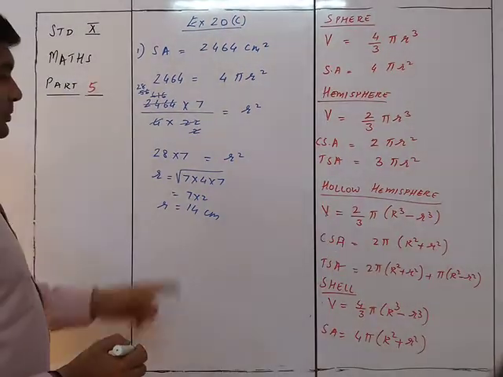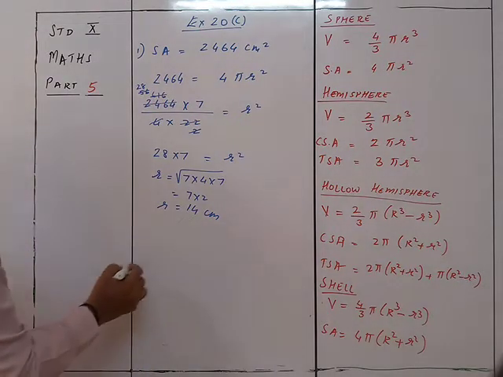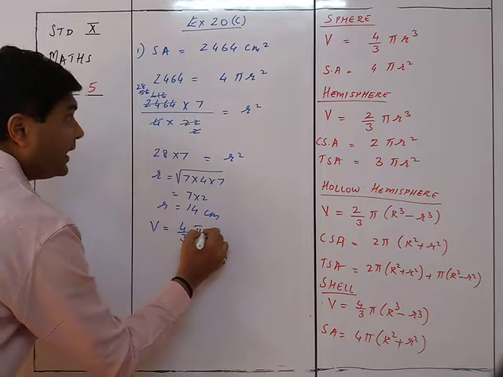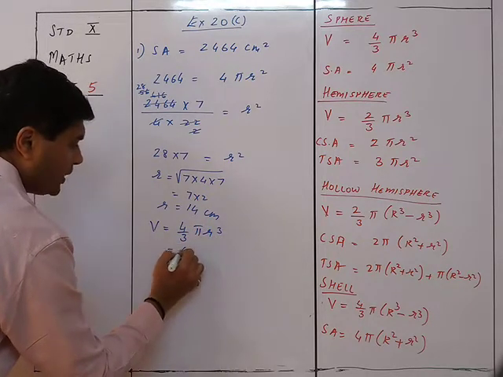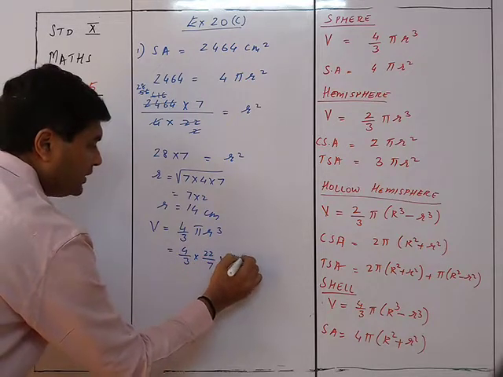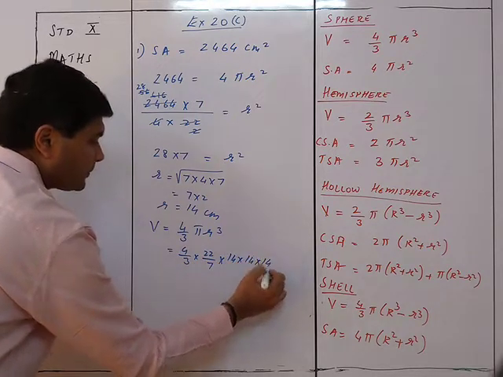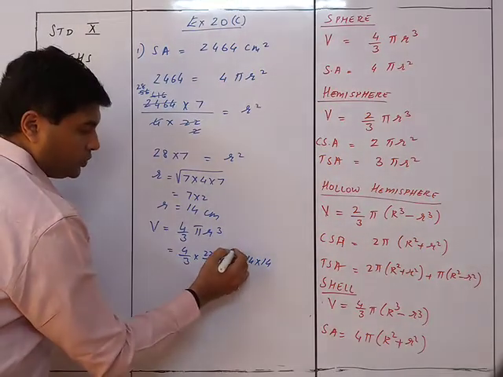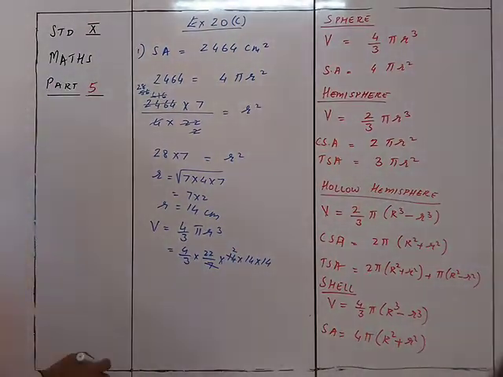Now we can place it in the formula for volume. So volume is equal to 4 upon 3 pi r cube. So it's 4 upon 3 into 22 upon 7 into 14 into 14 into 14. This cancels over here to 2, that's it. There is no other cancellation possible.